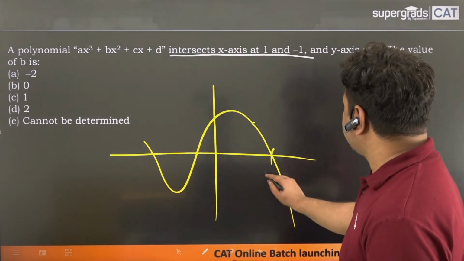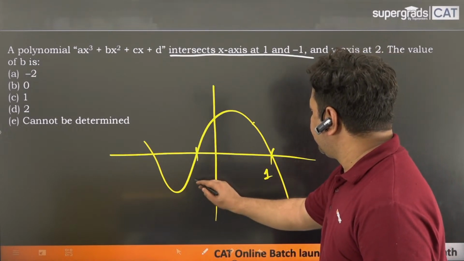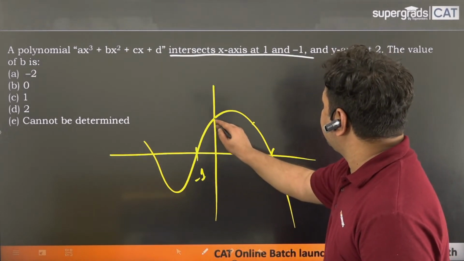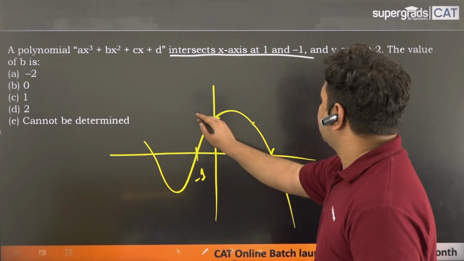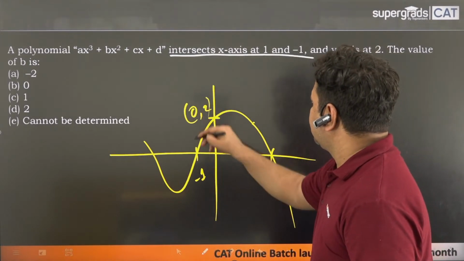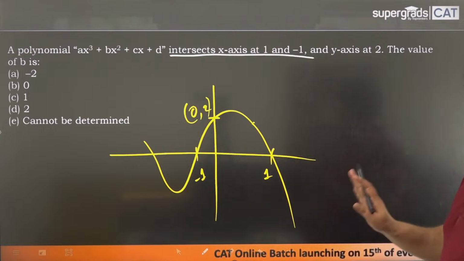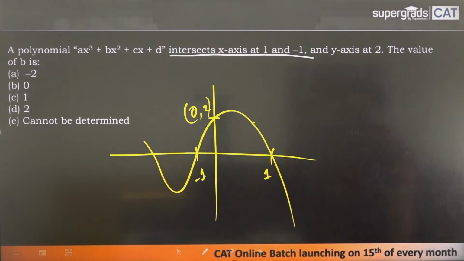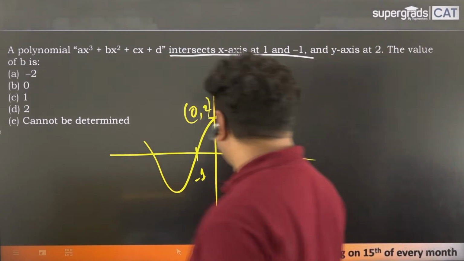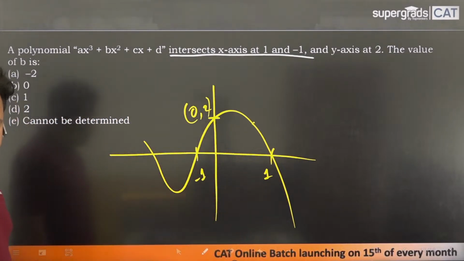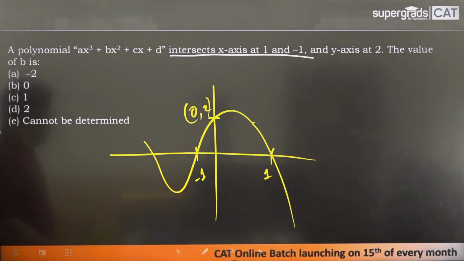With this is one, this is minus one, and this is two. Anyways, we don't have to draw the graph. I just drew it to give you some kind of perspective.